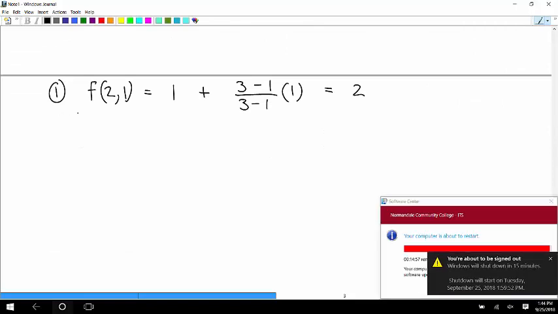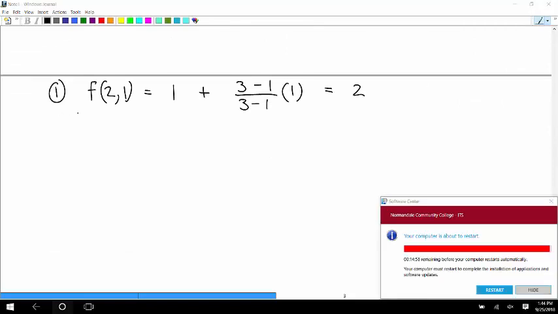Then the second step is we're trying to find f of 2, 3.